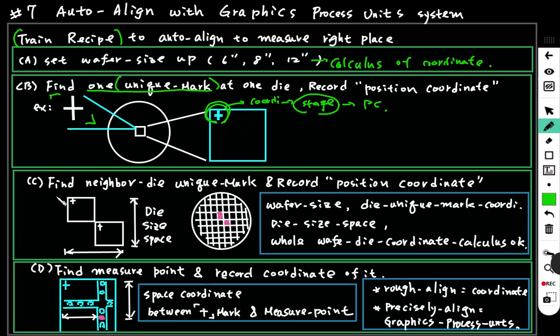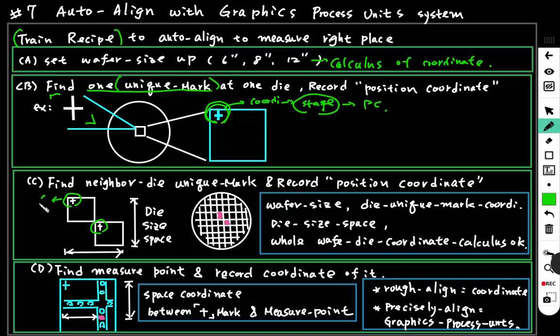Then step C, we find the neighbor die, the unique mark. The first step B, we found this die's cross mark. Then we found the neighbor die here and its cross mark here, and record its position coordinate also.